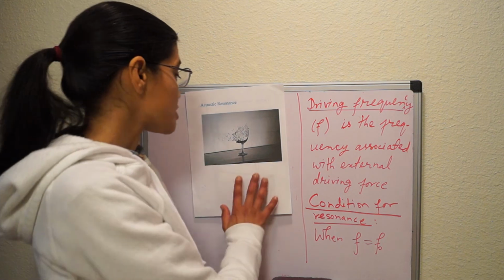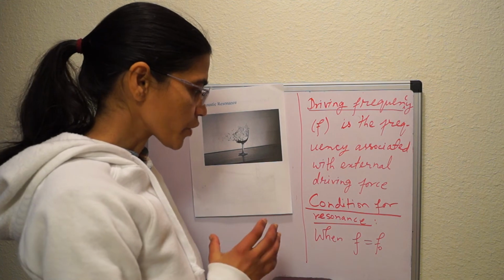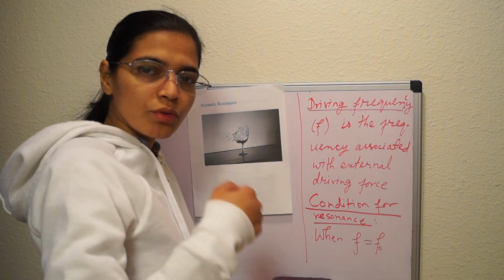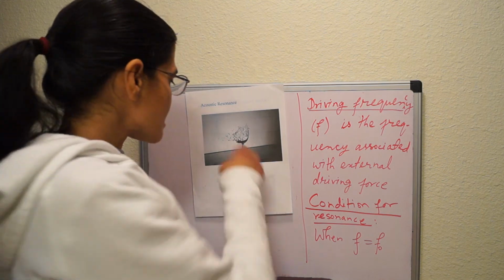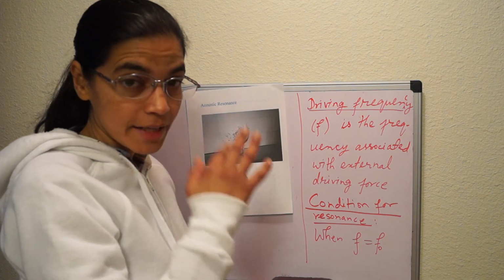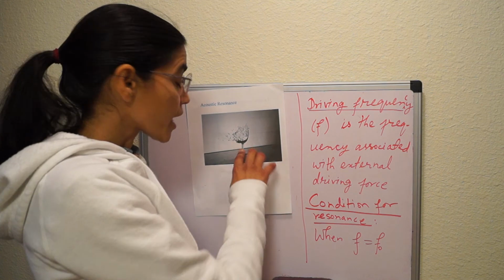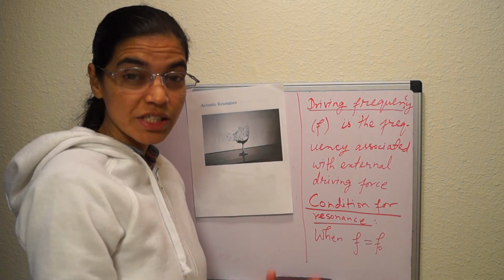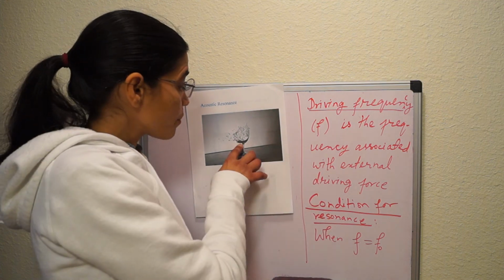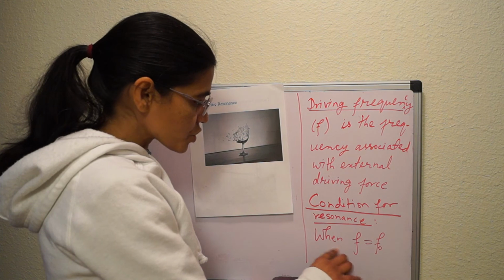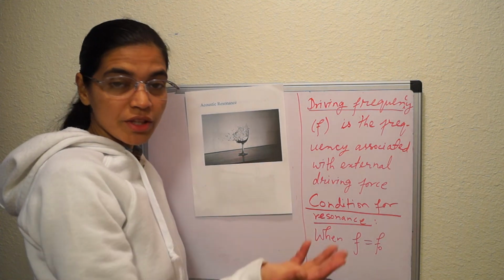Acoustic resonance means if a wine glass has its own natural frequency, and you make a sound that drives the glass at a frequency equal to its natural frequency, then again a large oscillation occurs. Of course, you may not see the large oscillation, but if the condition for resonance is met, we can break wine glasses without doing much work.